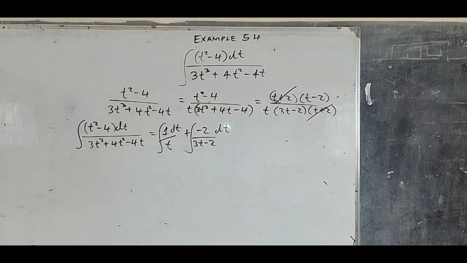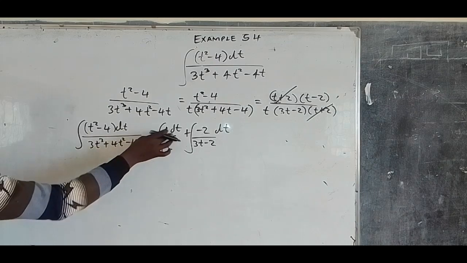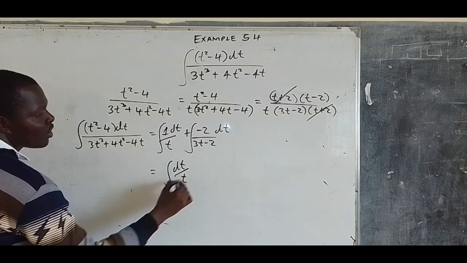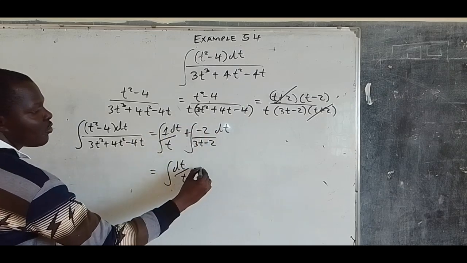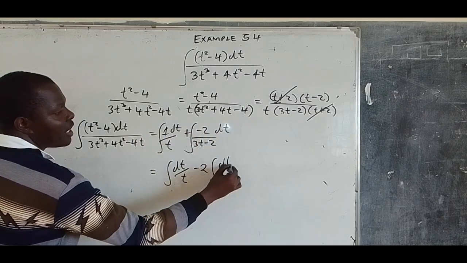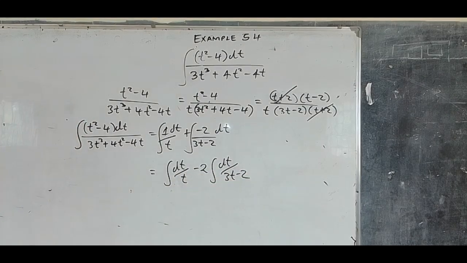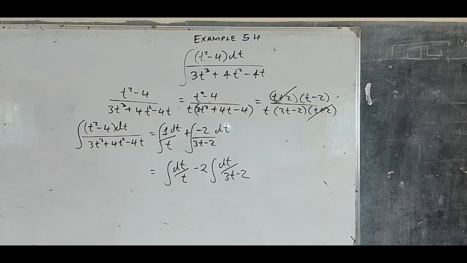After doing that, you factorize out a constant. If you factorize out the constant, 1 is silent, so that is just dt over t. Here is negative 2. If you bring it outside, you remain with dt over 3t minus 2. Are we together? Yes.